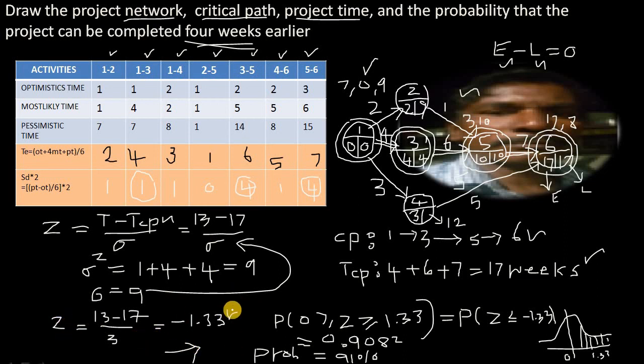For that normal variate we find the region from the normal curve, and that normal curve area gives the probability that the project can be finished in a particular targeted time. So this is the way we can finish any problem in a PERT problem.